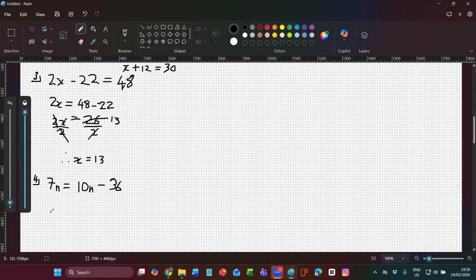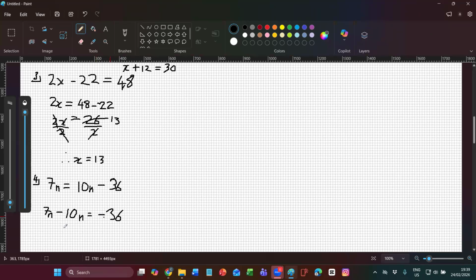If we bring the 10 over, then you will have 7n minus 10n equals minus 36, because the 36 had a minus in front of it.